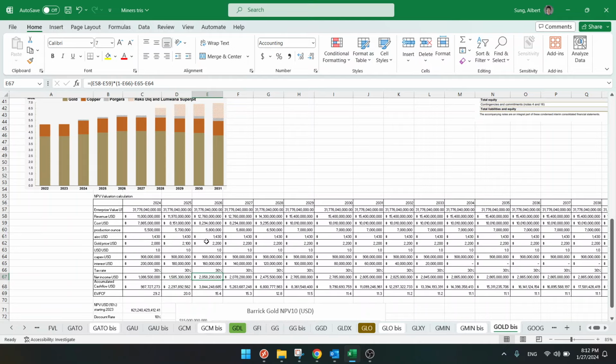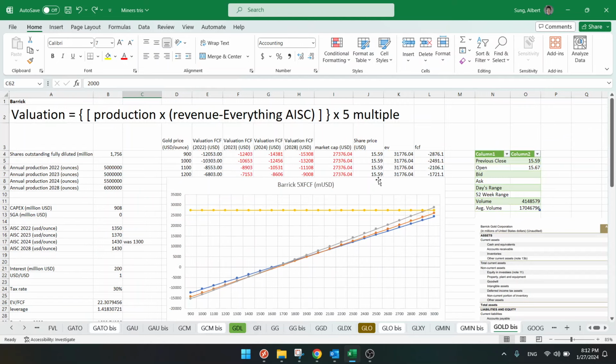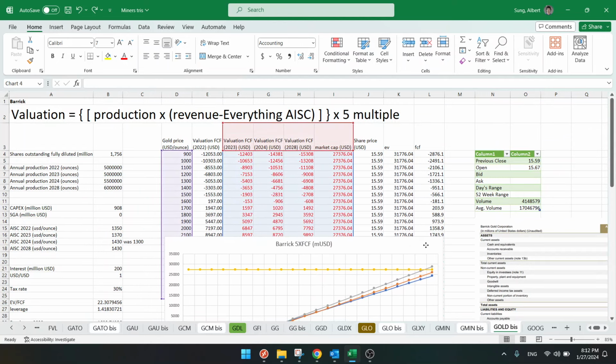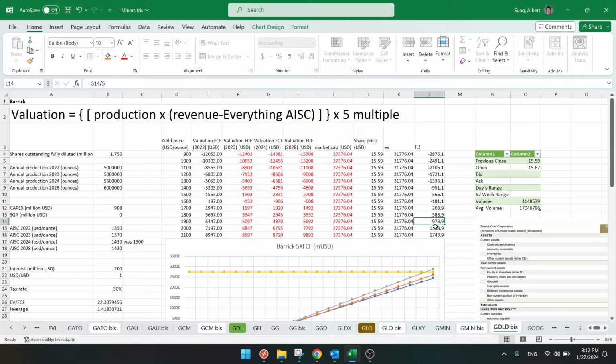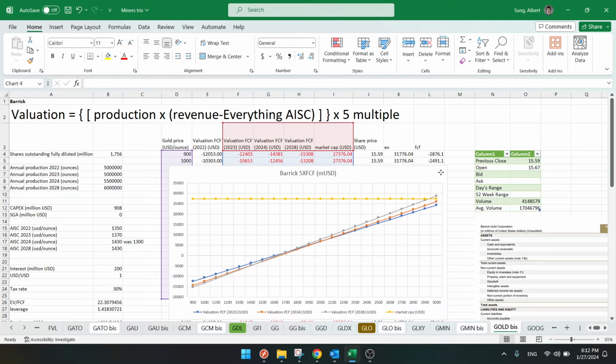And it depends, of course, on the gold price. If it's 2000, then it's only 1 billion. So 1 to 2 billion, is that correct? Yeah, 1 to 2 billion, depending on the gold price. That's the free cash flow. Is that a lot, 1 to 2 billion? On a 30 billion enterprise value, that's still a bit overvalued to me.